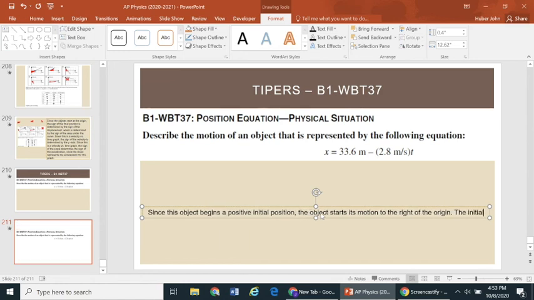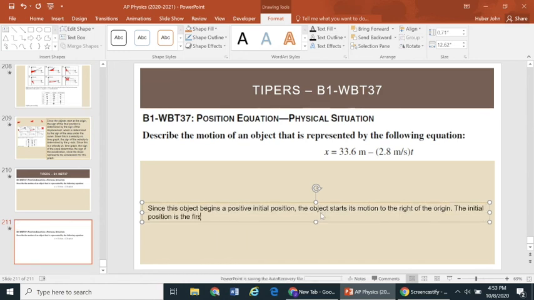The initial position is the first term in the position function. I'm going to write in parentheses here, actually, there is not multiplied by any t term. We can also talk about the initial velocity.